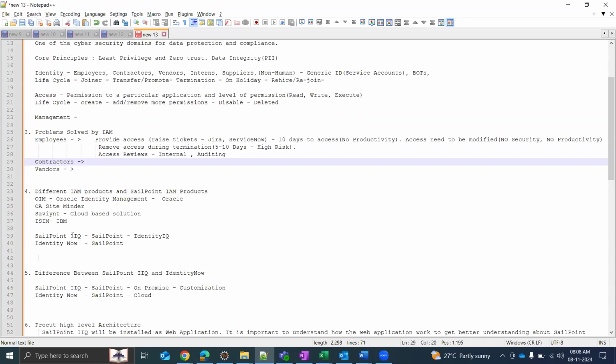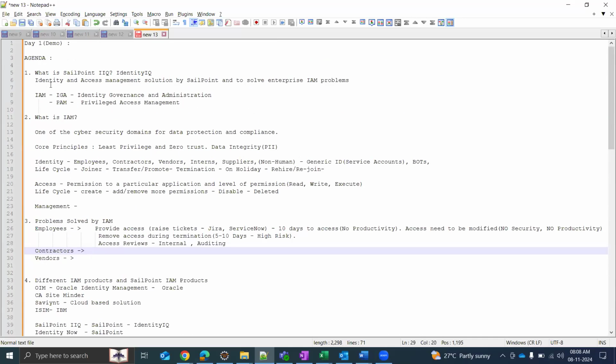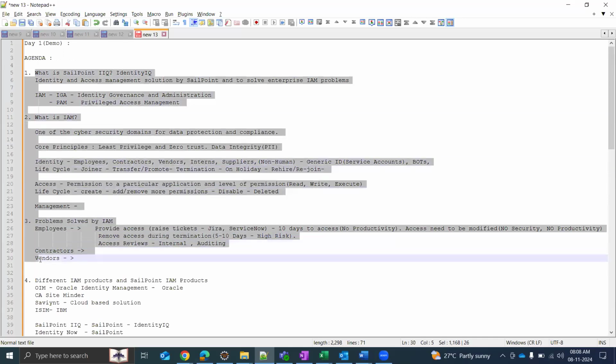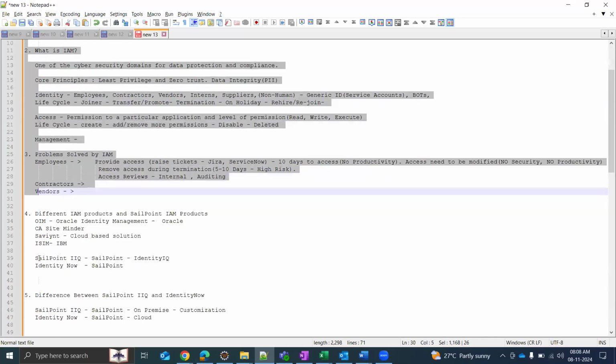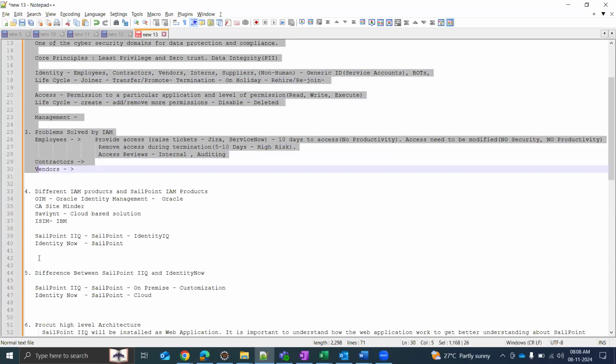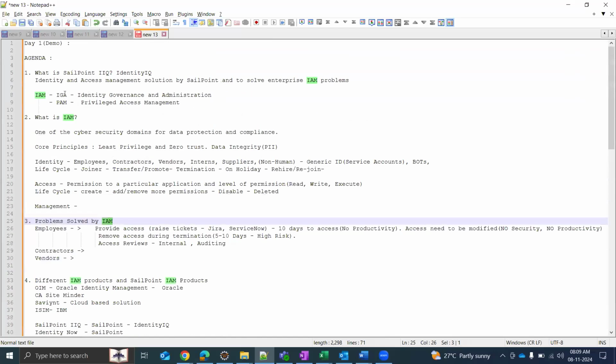So now these are all very generic, like we discussed about IAM and its generic stuff. But now let's narrow down our learning scope. So we deep dive into only our SailPoint IIQ product. Okay. So there are many IAM tools. As I mentioned, when we say IAM, we have IGA and PAM, and within IGA itself we have multiple tools, and within PAM also we have multiple tools.